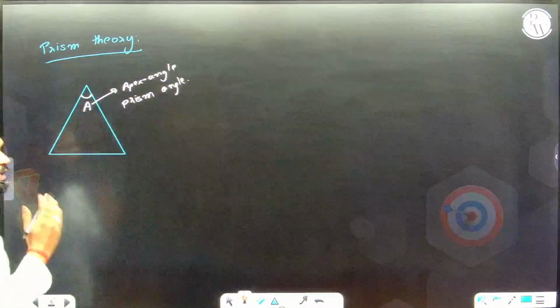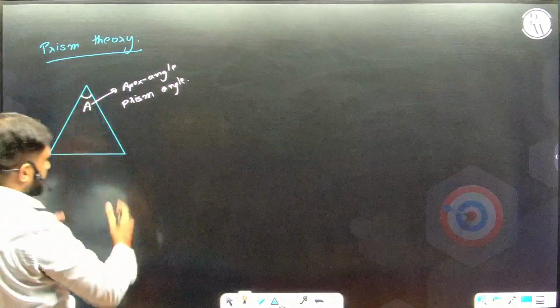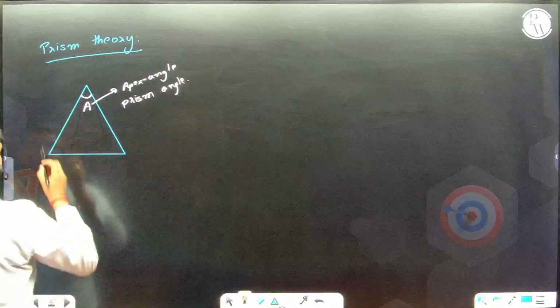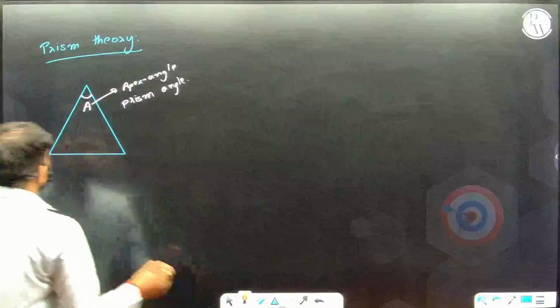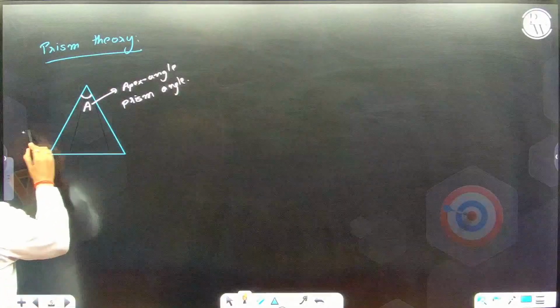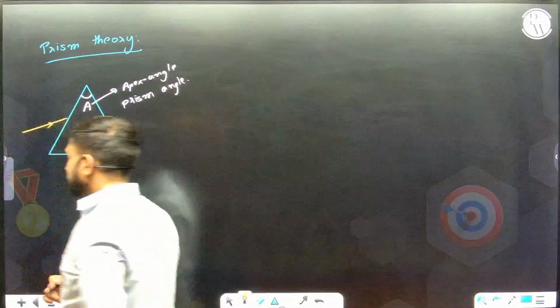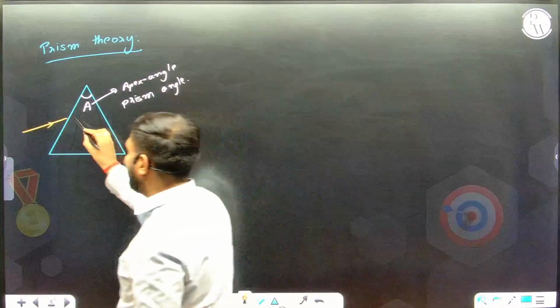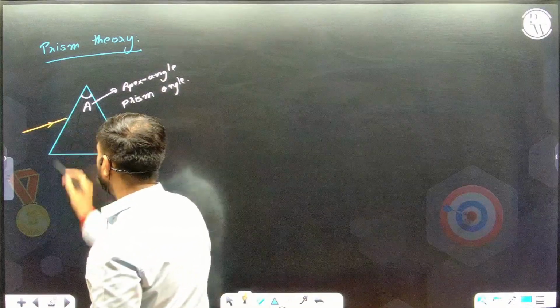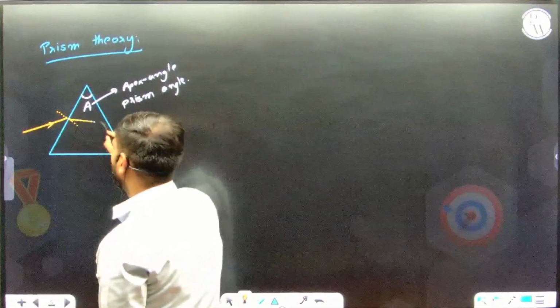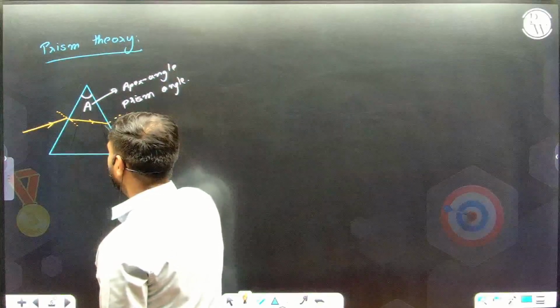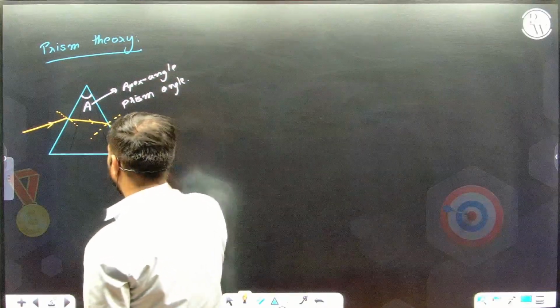Basically, it will be the angle between two refracting surfaces, any two refracting surfaces through which the light is going to suffer refraction. So let's say there is an incident light striking this prism on this side and it suffers a refraction at the first boundary like this, and then it moves further to the second boundary, again it suffers refraction and goes on like this.